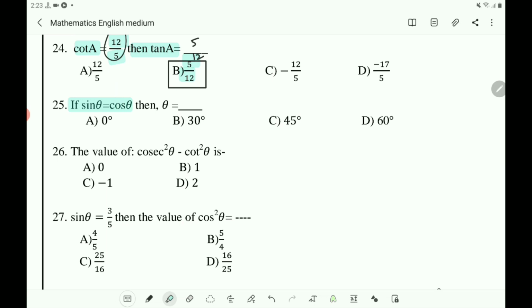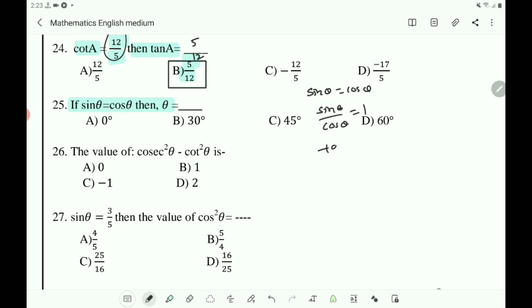If sin theta equals cos theta, then theta equals. This question may be solved in many ways, by trial and error, by taking these values, or otherwise. Here you take sin theta equals cos theta, then you will get sin theta by cos theta equals 1.